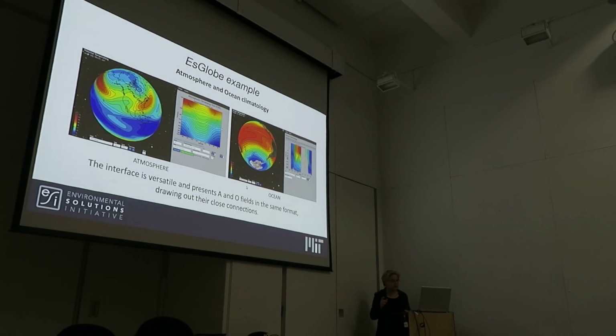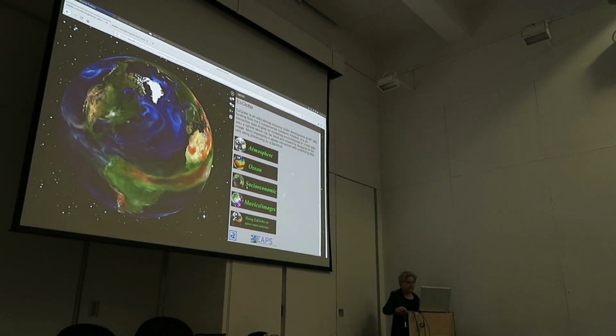The example that I'm going to do for the climatology uses data from the atmosphere on long-term means and ocean mean fields. The interface that we developed treats the two fluids in the same way, so you can see the connection between the atmosphere and the ocean. We try to emphasize that the two fluids are on a rotating planet and the connection between the two. So to go back to this, I'm going to show the example.